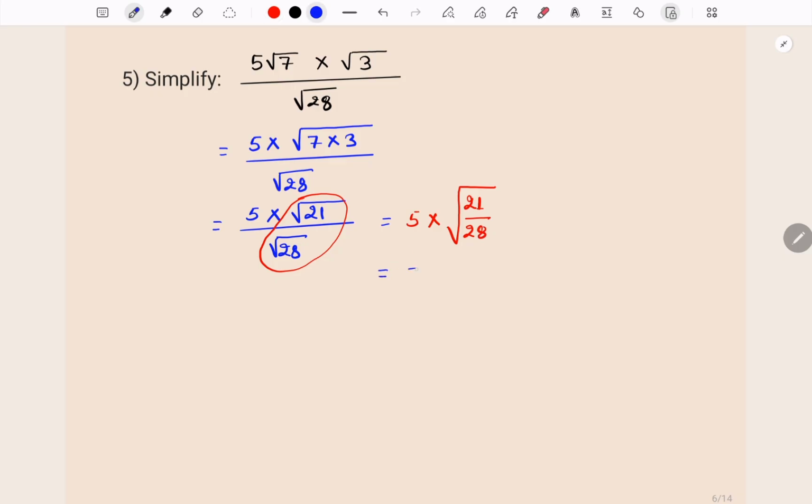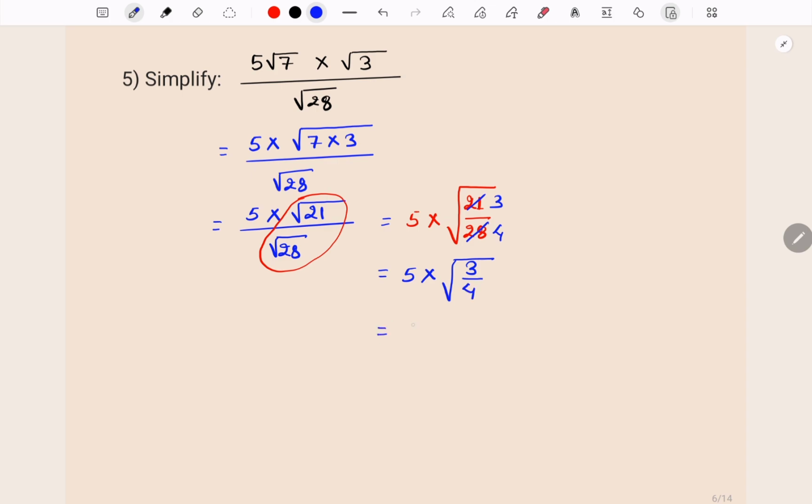Now 21 and 28 both have 7 as the common factor, right? So here we will have 7 times 3 is 21 and 7 times 4 is 28. So I will have square root of 3 over 4.